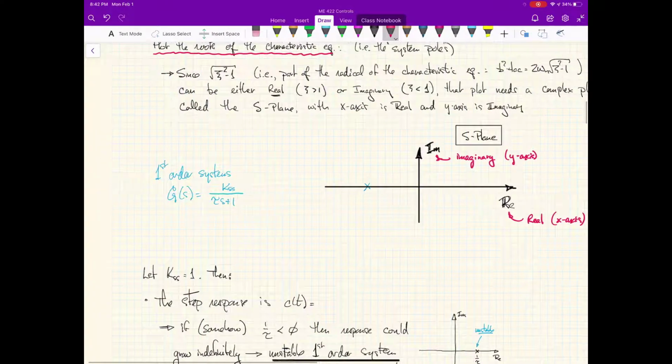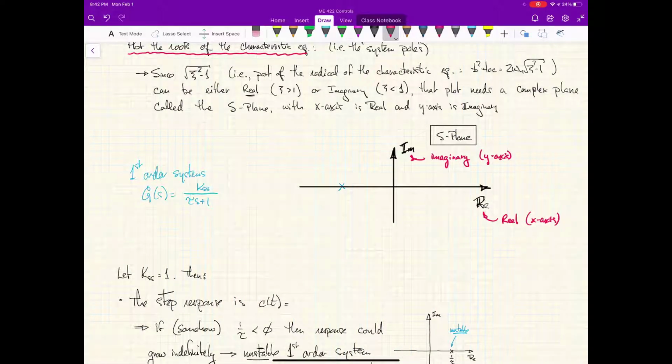Okay, let's start with the first order system, which, as you know, can be represented with a transfer function of steady state gain divided by tau s plus 1, where tau is that first order system's time constant. Written in this form, the characteristic equation is going to be tau s plus 1 is equal to 0.